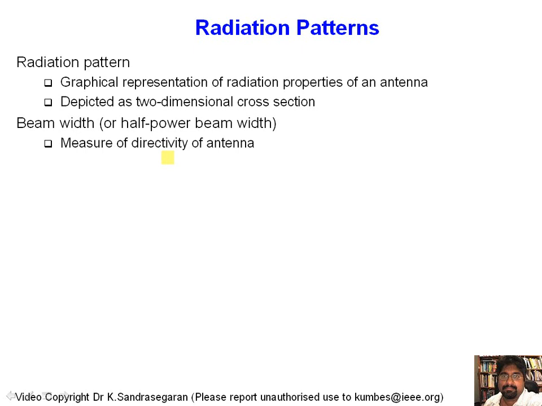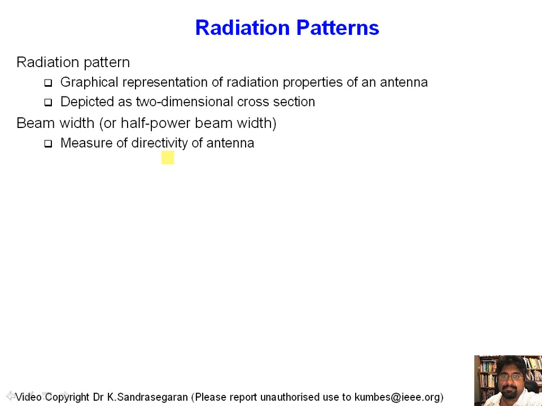Usually, because we can't display things in 3D on paper, we have an XY plot, a YZ plot and a ZX plot. So usually you will find the radiation pattern of an antenna drawn in three different diagrams, each showing the radiation in a specific plane.